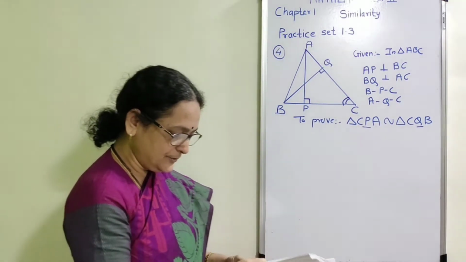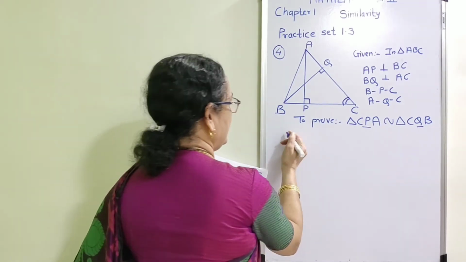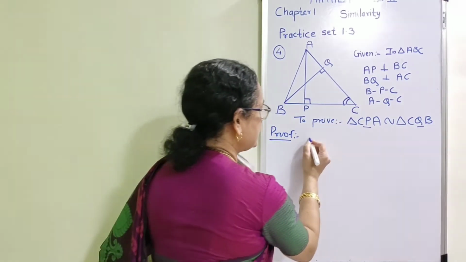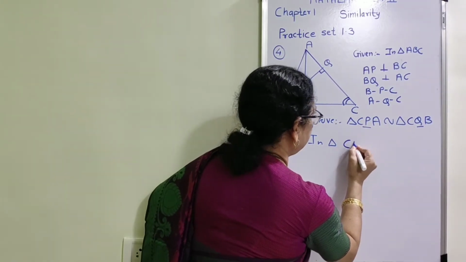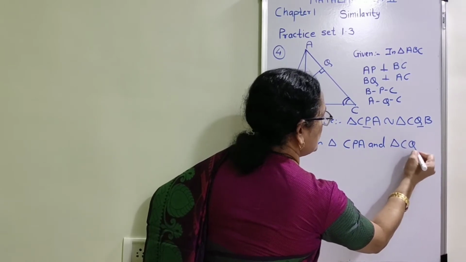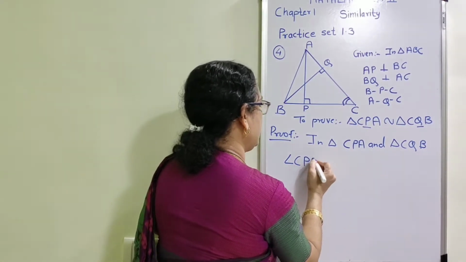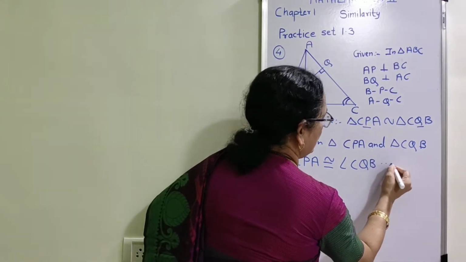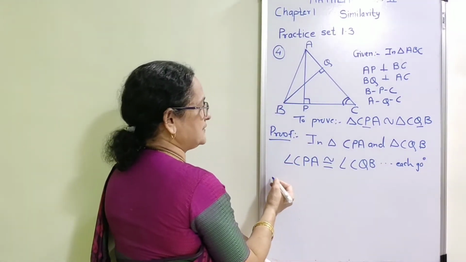Now how are you going to write it? First of all, write the first pair of each 90 degrees. Therefore I am going to write the proof. Write down the names of the triangles. In triangle CPA and triangle CQB, angle CPA is congruent to angle CQB, each 90 degrees, or if you write the reason given, then it is also correct.